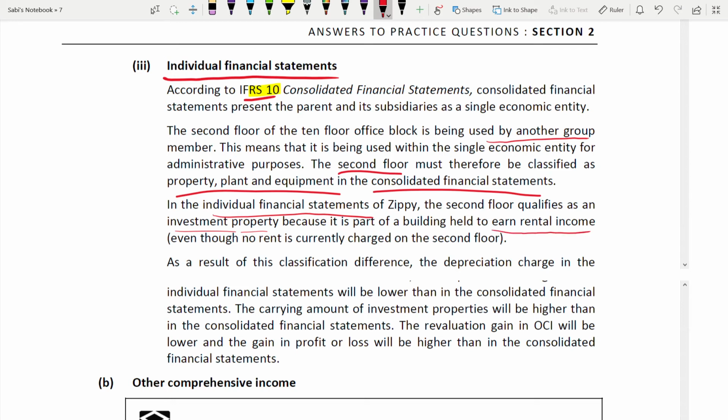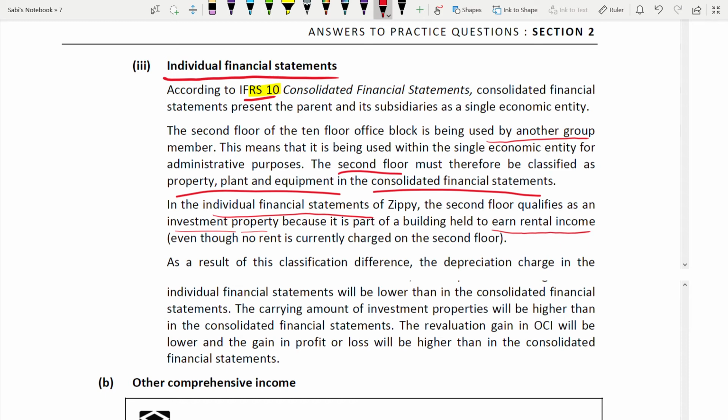You can earn rents through that by giving it to your employees or your subsidiaries. Even though to the subsidiary you are giving it free of charge, at least through employees you are getting a rent. So they told that through this you are getting rental revenue or income. That's why they classified it in the individual financial statements as investment property.